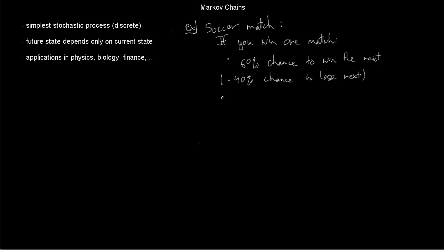And let's say that if you lose the match, it makes you feel just terrible. And so you only have, say, a 25% chance of winning the next match. Which means that you have a 75% chance of losing. So losing is like attracting more losses.